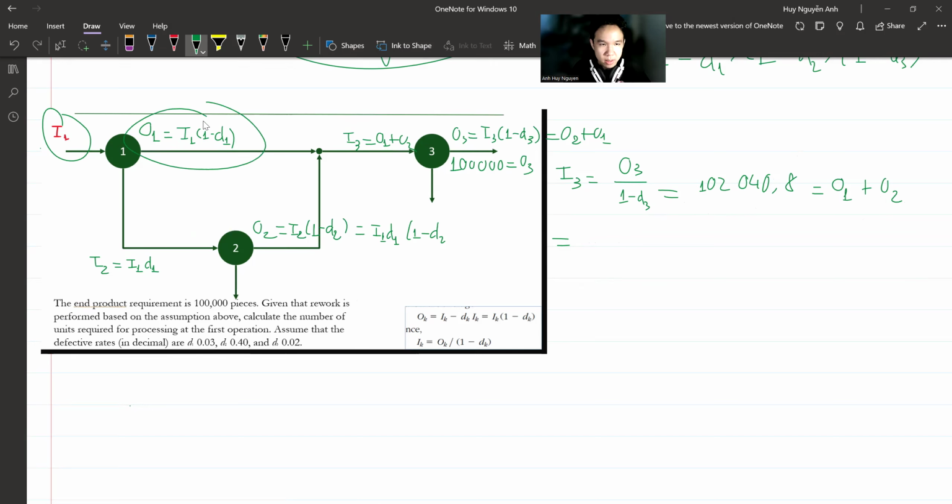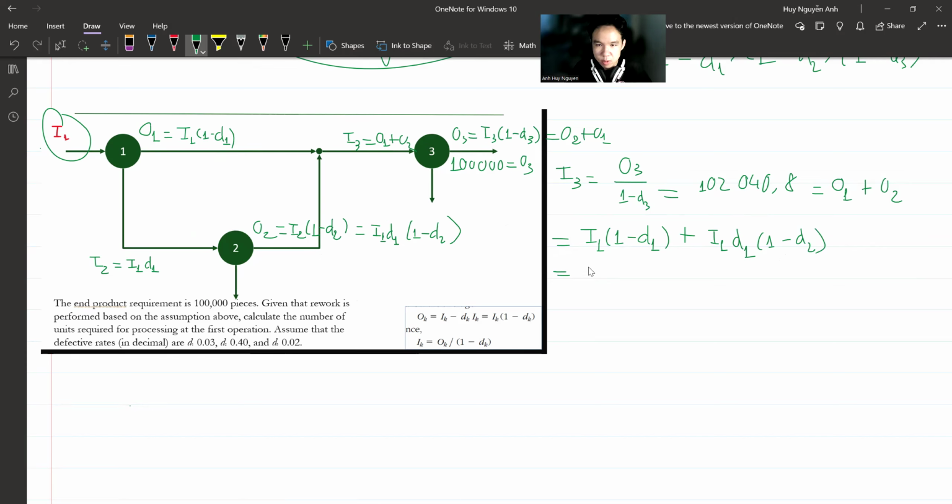O1 here equals I1 times 1 minus D1, right? And O2 here equals I1 D1 times 1 minus D2.